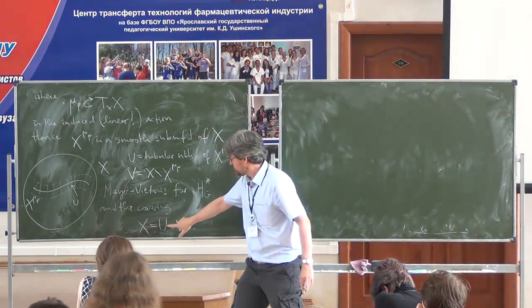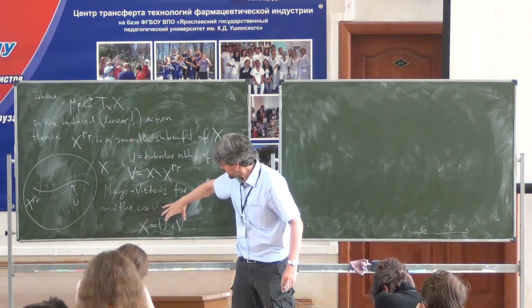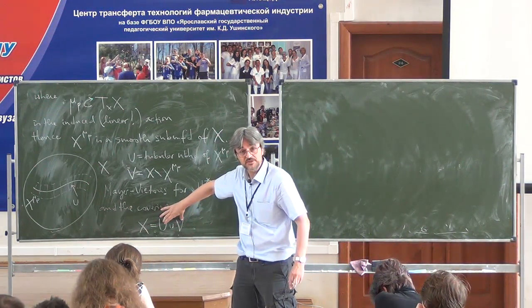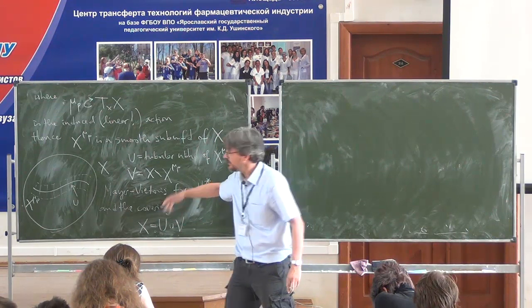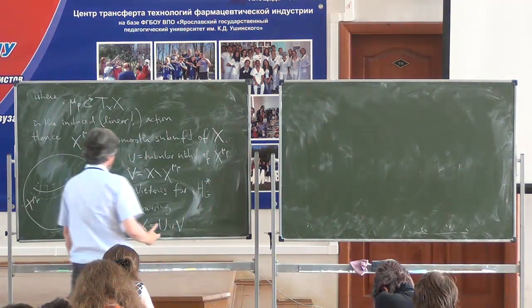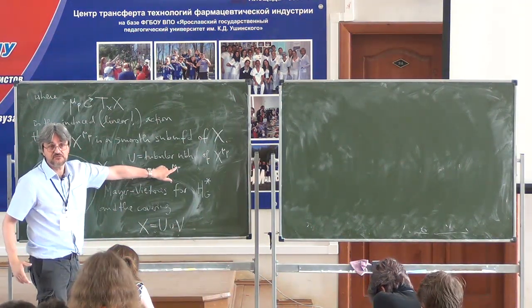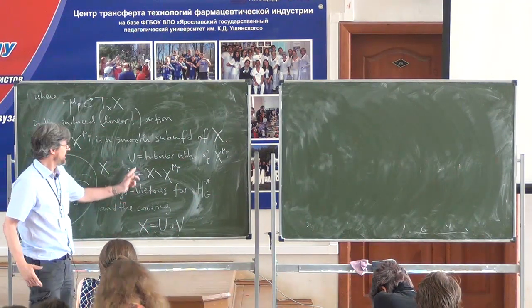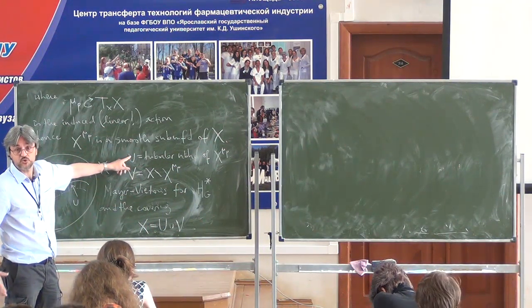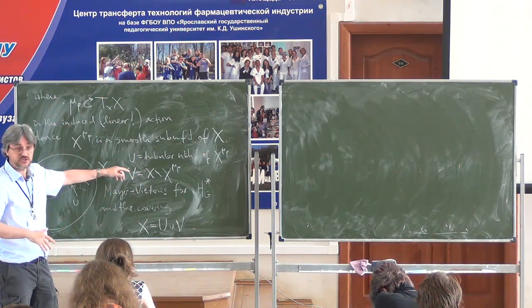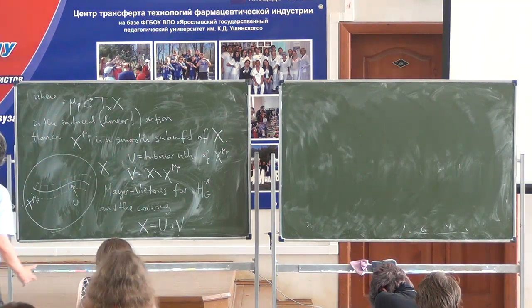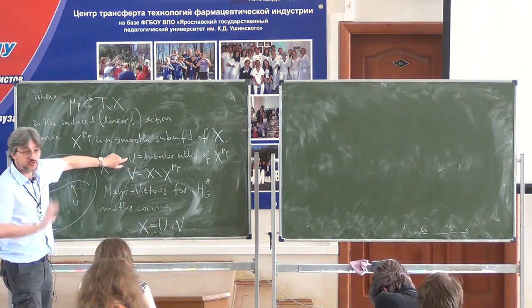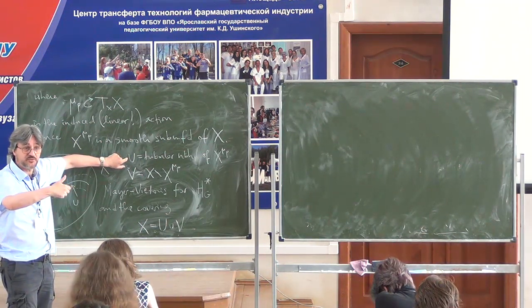Here I'm writing X as a union of two sets, and these two sets can be taken to be μ_p invariant. Certainly this is the case for the complement of the fixed point set. This is preserved by the action of μ_p, and if you define this tubular neighborhood precisely using an invariant metric, then this tubular neighborhood will also be preserved by the action of μ_p.